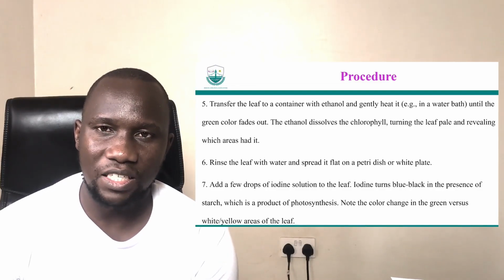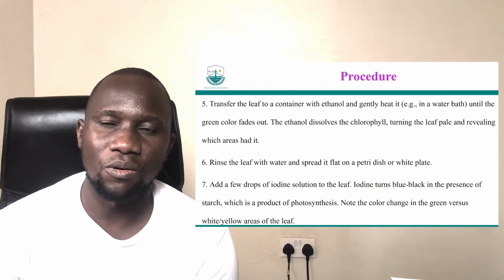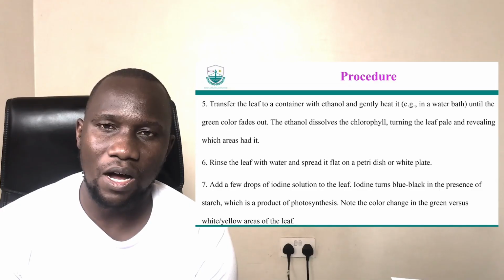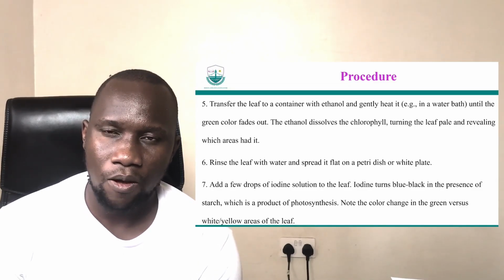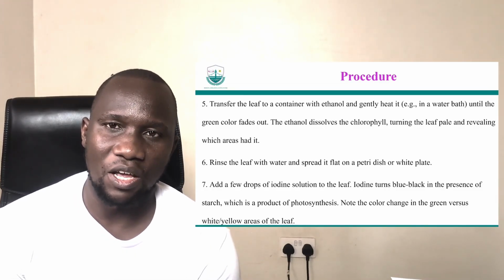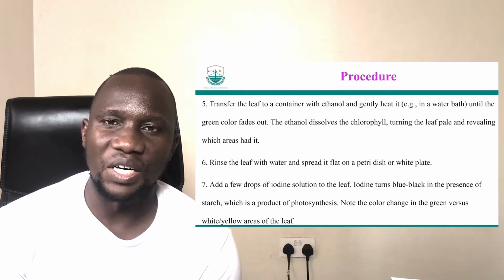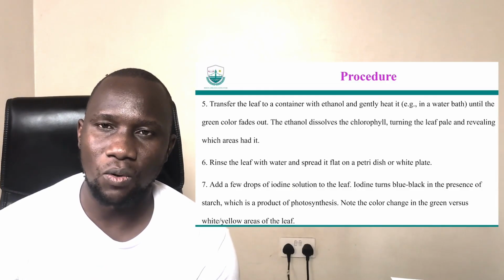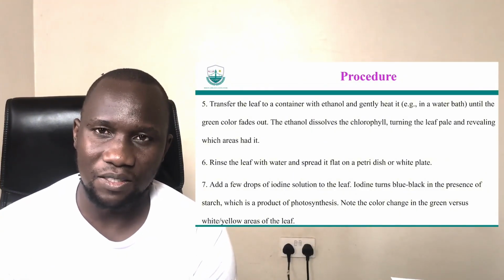After putting it on a petri dish, you can drop iodine onto this leaf. Be keen on noticing where you put the iodine: on the parts which were green, and on the parts that were non-green.